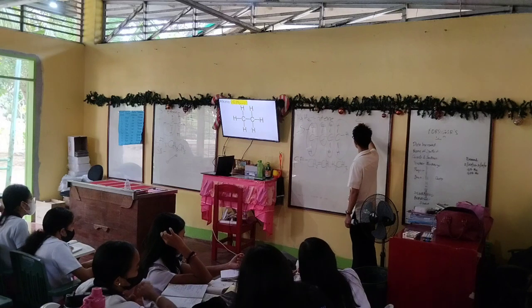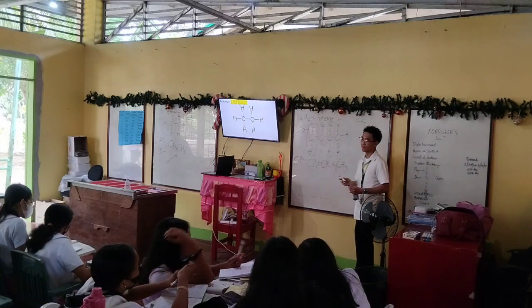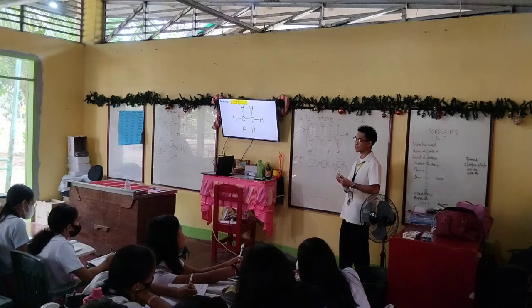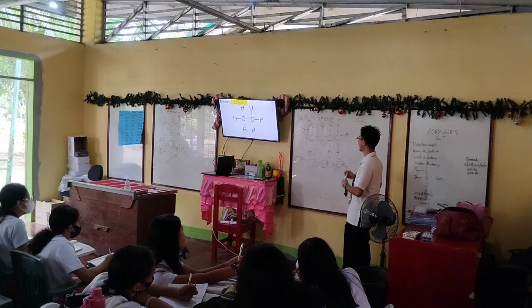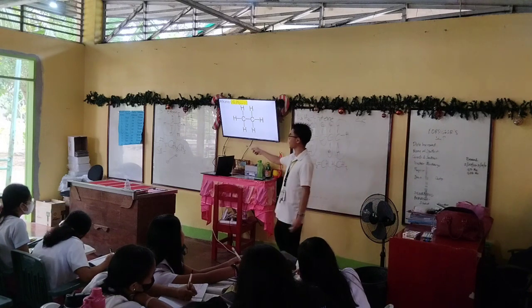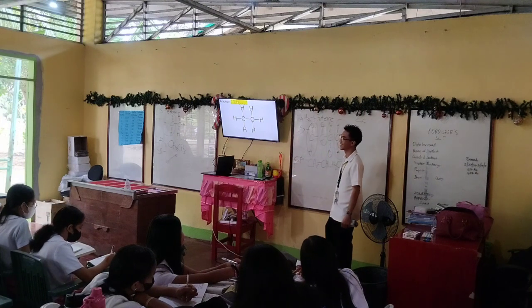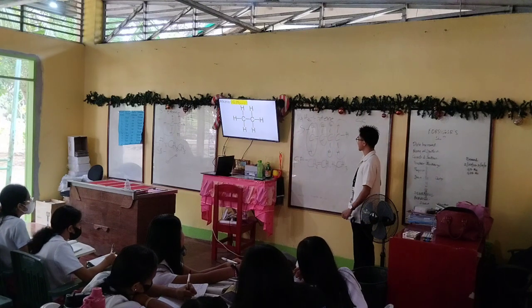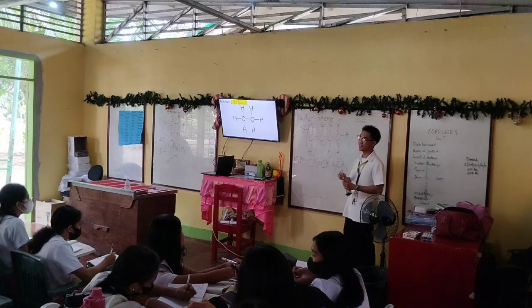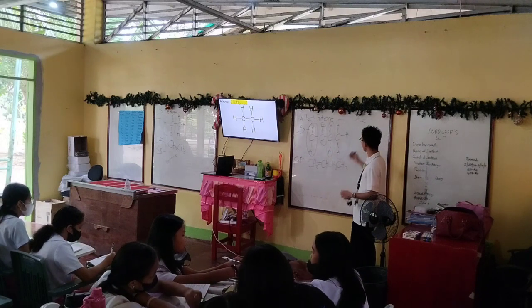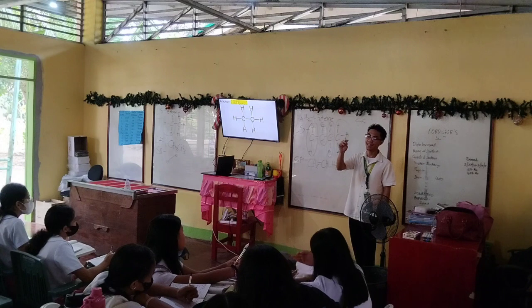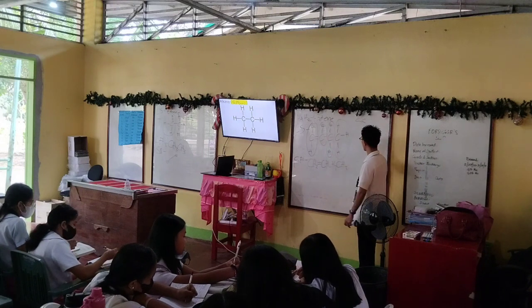Now, for the skeletal structure. For our skeletal structure in butene, this is how we do it. So remember, each end of a line represents a carbon atom.